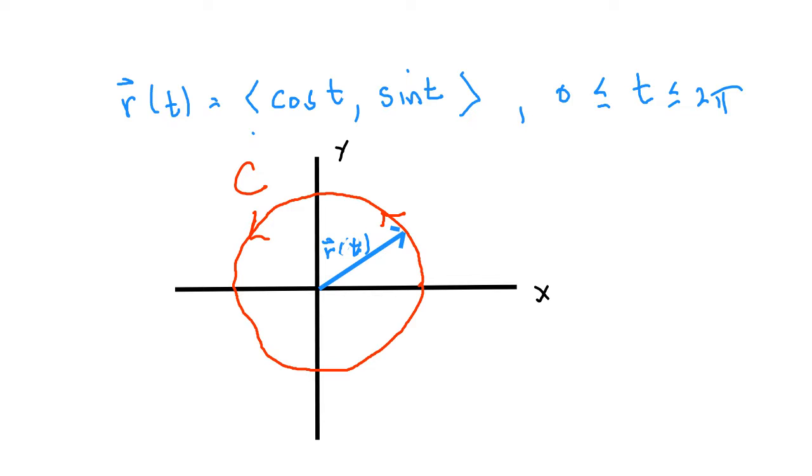All right, let me do something else. Let's say you wanted to find the length of this vector function. I don't want the derivative here, I just want the length of the vector function. Well, we know how to find the length of a vector.